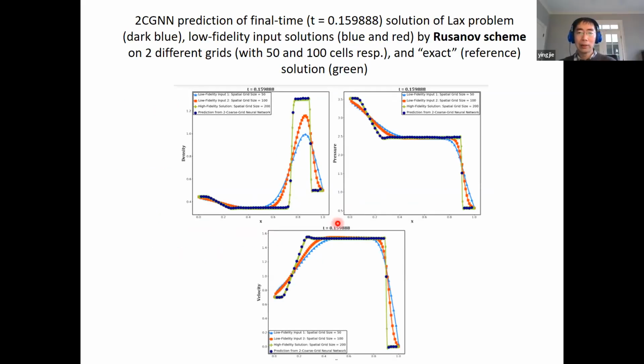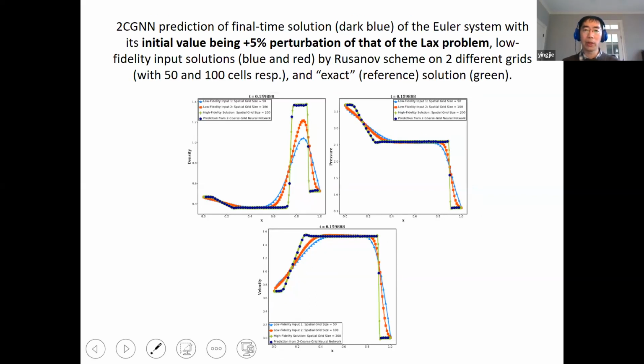So you can see the input solutions are very smeared because they're computed by a first-order scheme, which is very efficient, but also very bad. But as long as it captures the concavities, the prediction is very good. And we also do another prediction.